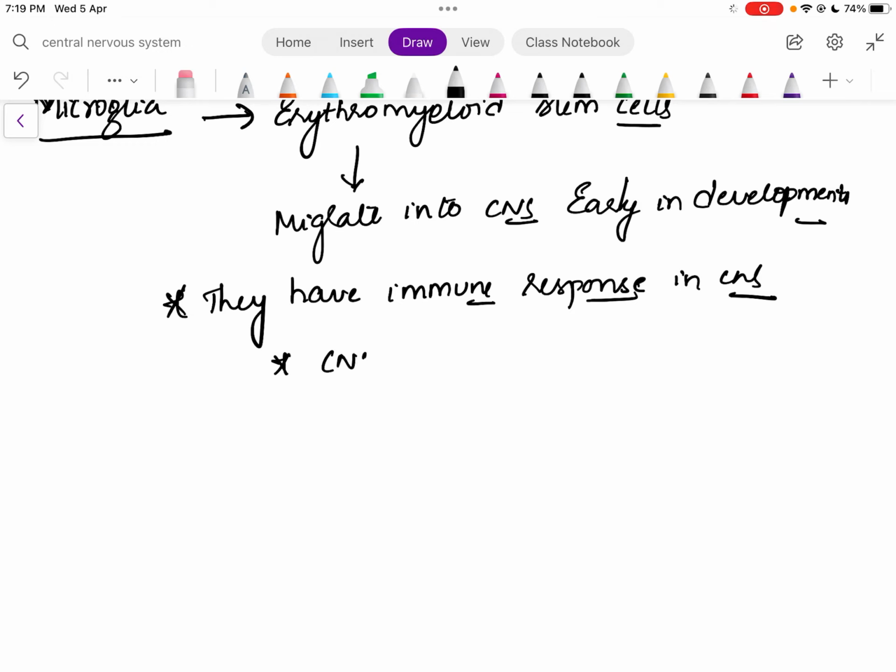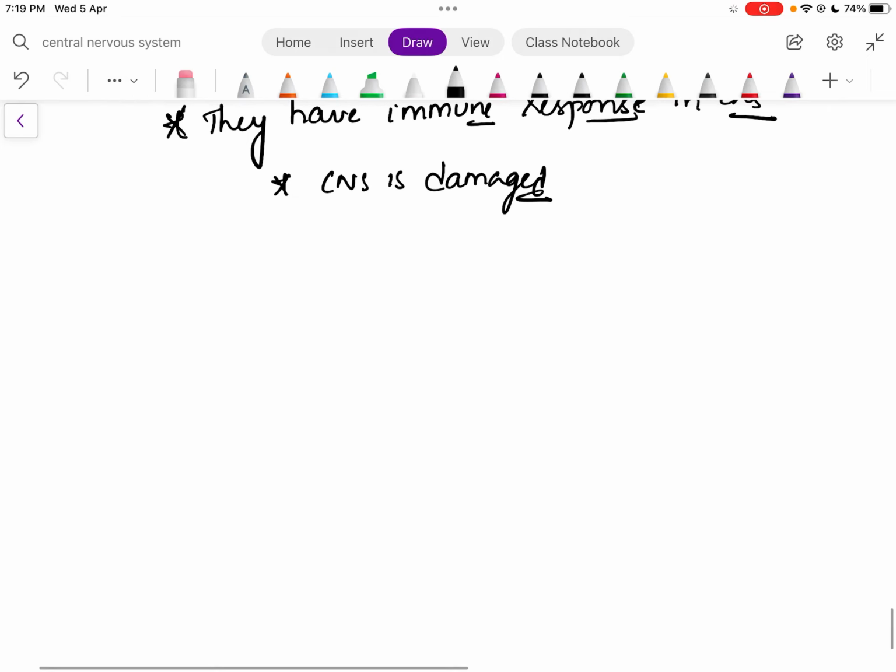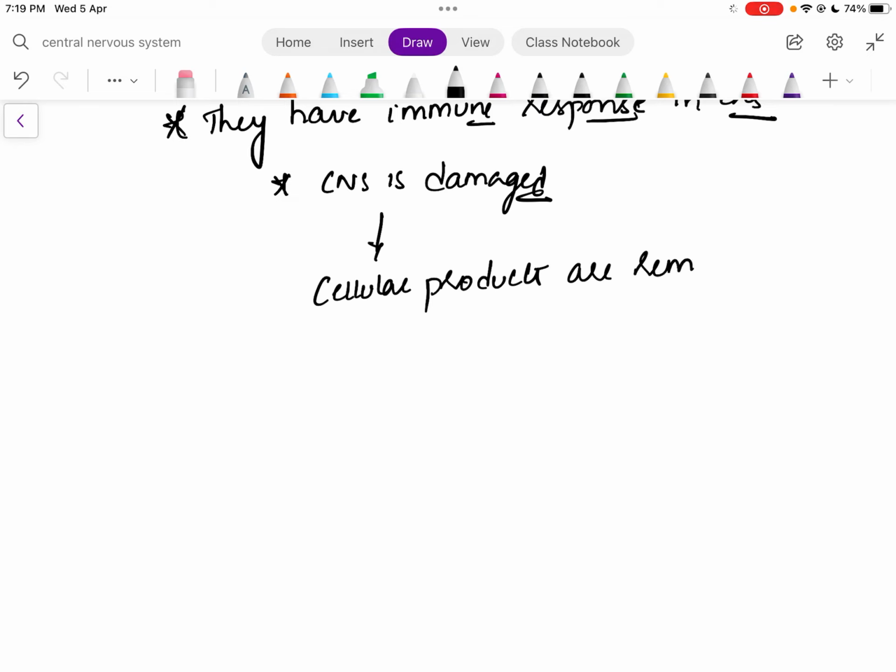Whenever CNS is damaged, the cellular debris, that is cellular products, are removed by phagocytosis.